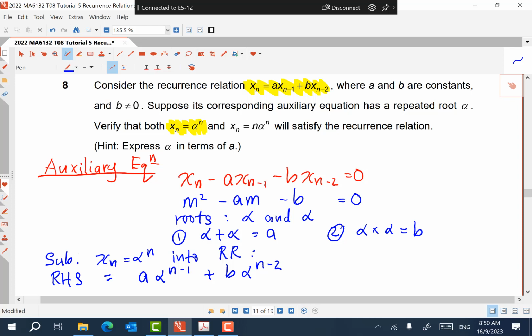And to verify that it is a solution, I must eventually show that this thing is going to equal alpha to the power n, which is your xn. Class, I'd like to invite you to use number 1 and number 2 to just plug it in. Try. You put in your A as 2 alpha and your B as alpha squared, and you can very quickly verify that indeed it is alpha to the power of n.